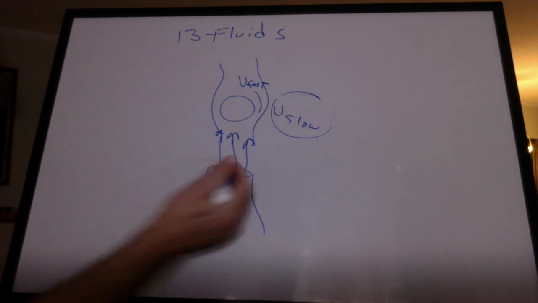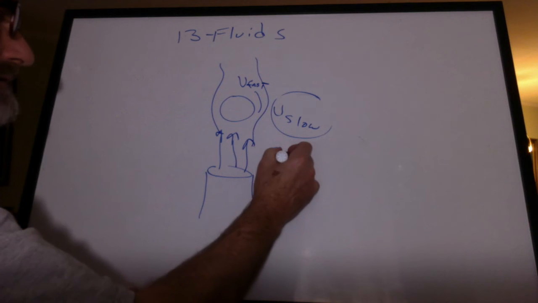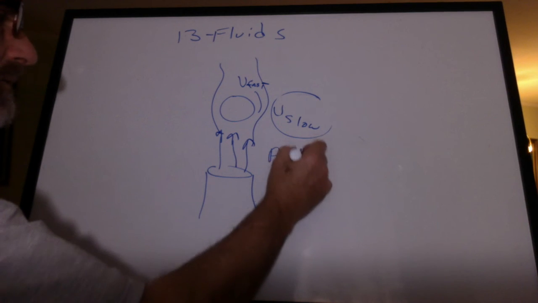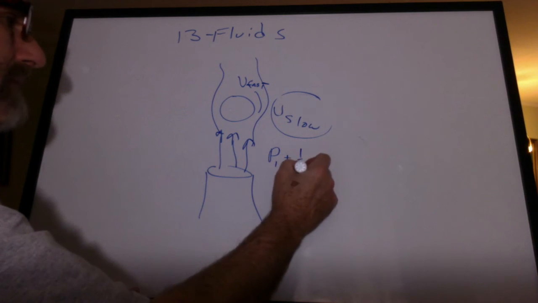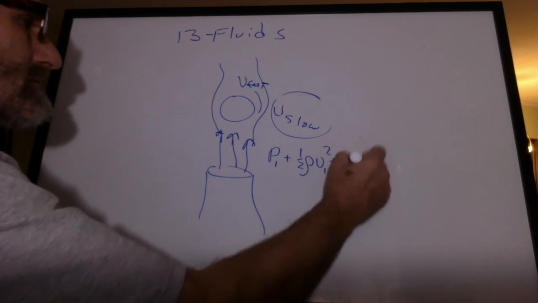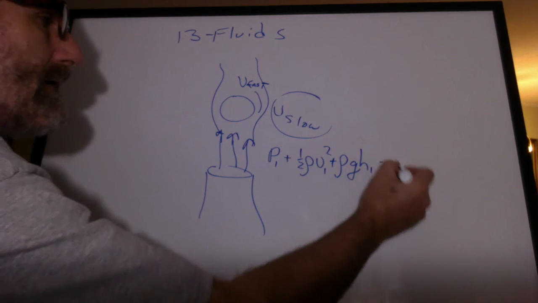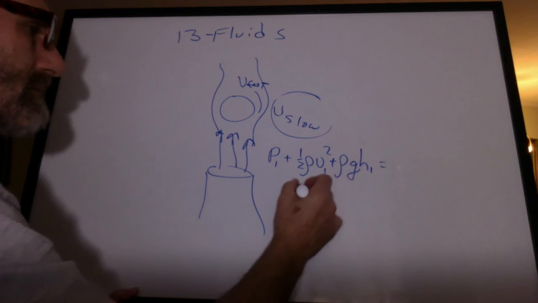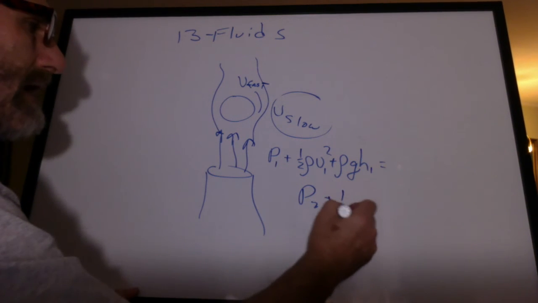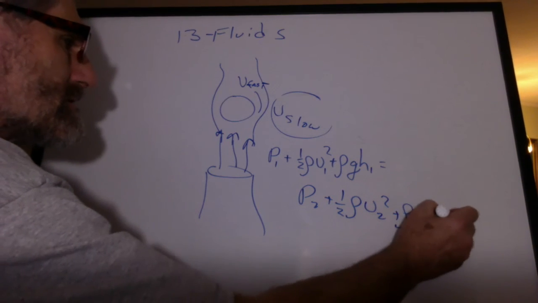Well, how do I know? Well, it's Bernoulli's law again. If we say pressure 1 plus 1/2 rho v squared plus rho GH is equal to pressure 2 plus 1/2 rho v2 squared plus rho GH.